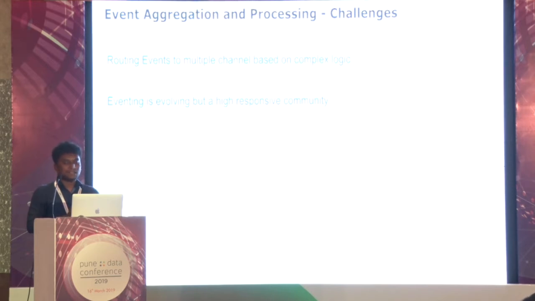So, the challenges that we faced. The problem was that natively, the routing capabilities are still in a nascent state. They are not ready yet, but they are actively being worked upon. Also, eventing by itself is evolving, which means that it is prone to changes and prone to breaking.